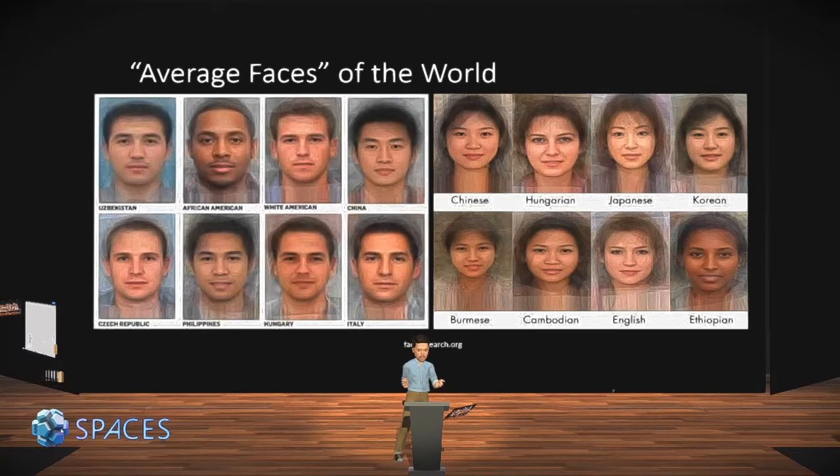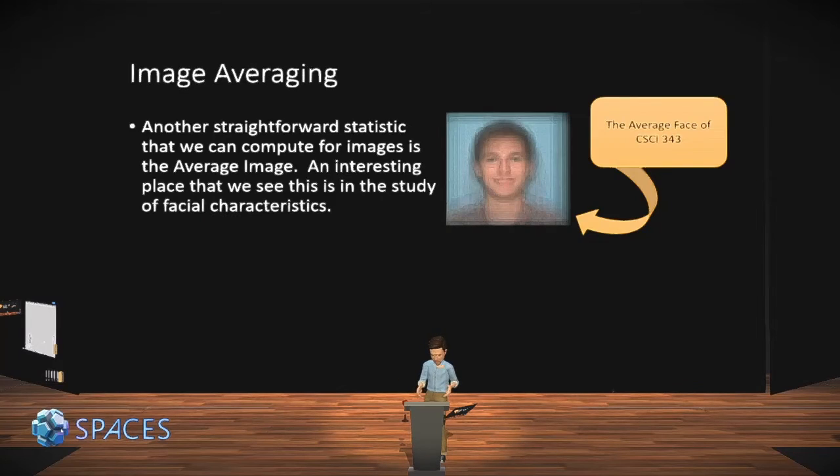Now, what does that actually tell us? Well, it can tell us a surprising bit. One, it can give us information about morphological features within a population, but let's talk about this class, for instance. So what we have here is the average image of your faces. Kind of cool, right? What does doing an average tell us? If we think back to our discussion on distributions, our average tells us the center of our population distribution.